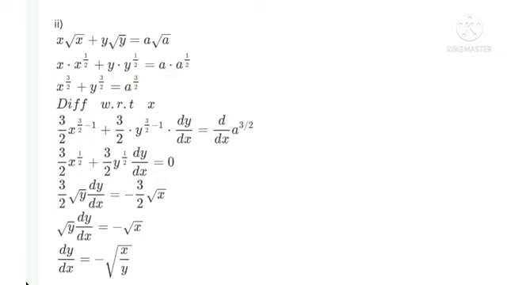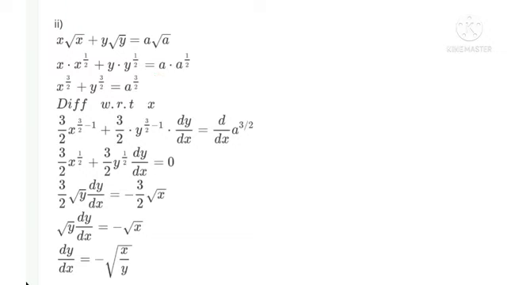Now here you use the rule of indices. x raised to 1 into x raised to half means x raised to 1 plus half, means x raised to 3 upon 2. Similarly y raised to 3 upon 2, and a raised to 3 upon 2. We use the indices rule: if the base is the same, then we add the indices.